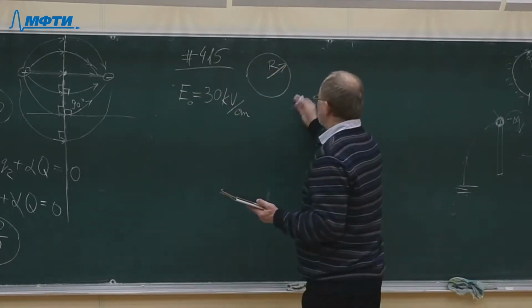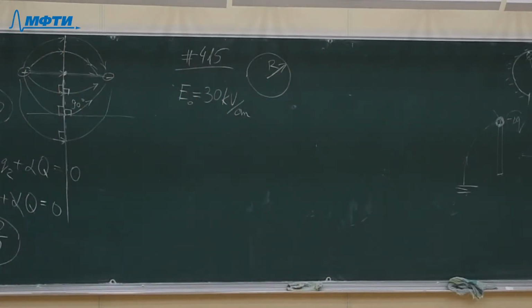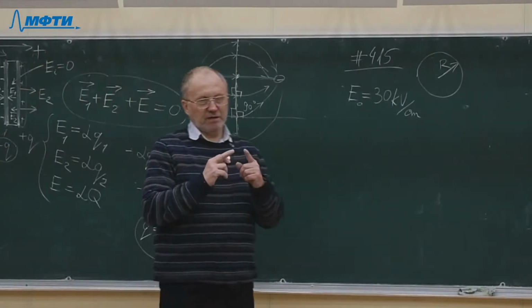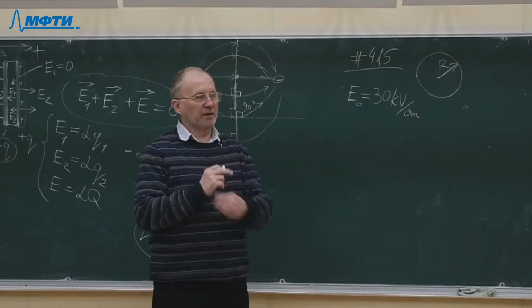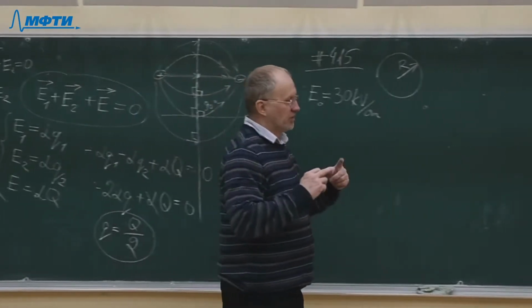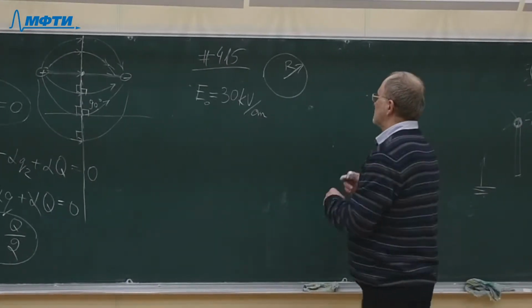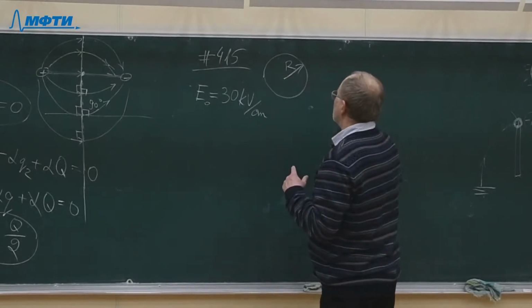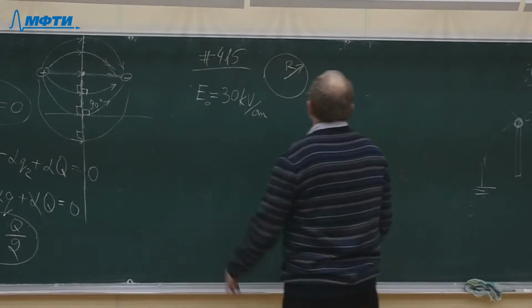So if we have a potential difference in the air of 30 kilovolts per centimeter, then this air interval will be punctured by an electric discharge, and this small lightning, small spark will go through the air, and some charge will flow away from the sphere if we obtain such potential.